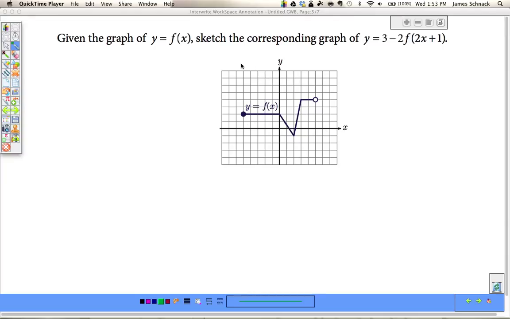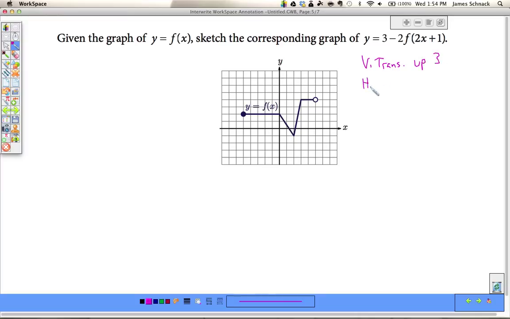So here we have this graph for f of x. I want to sketch the corresponding graph under this mess of transformations. So let's identify what they all are first. There's a vertical translation of up 3.